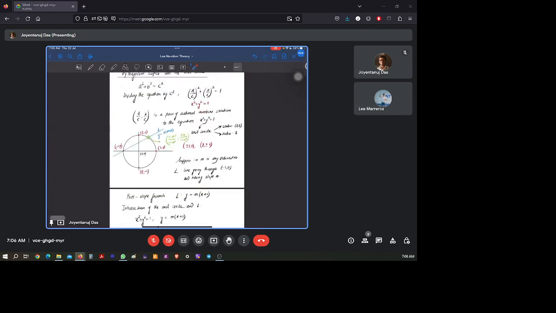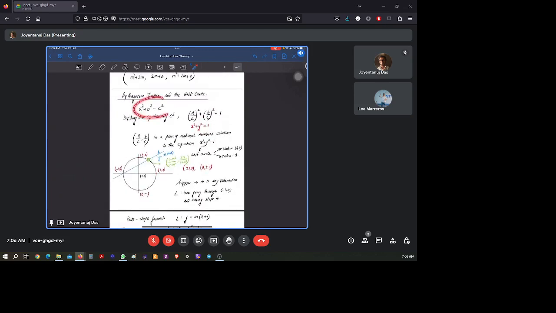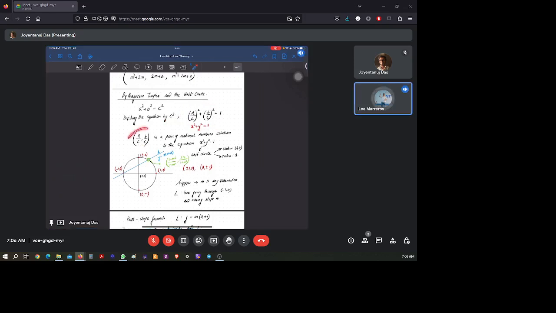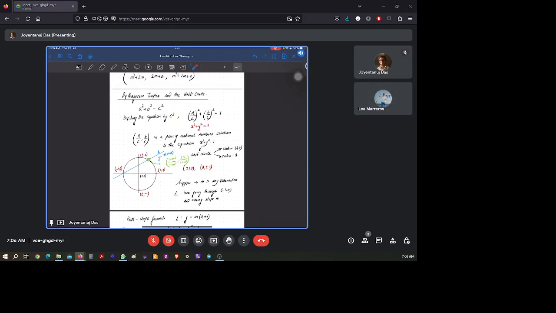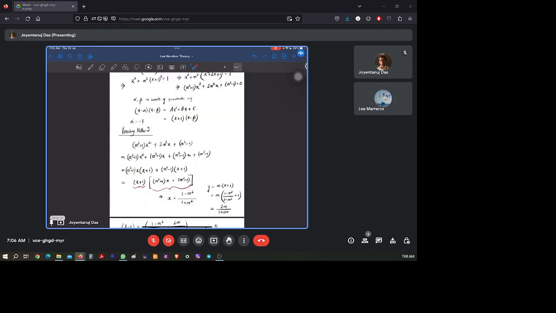Starting with any Pythagorean triplet a, b, c, if I divide the equation by c square, I get a solution to the unit circle. So a by c and b by c is a solution to the unit circle. That is the fact we are using.